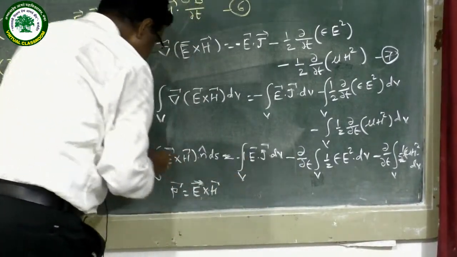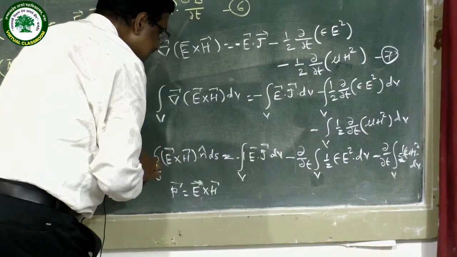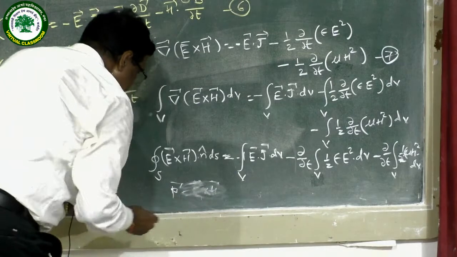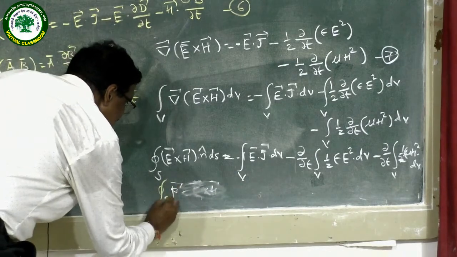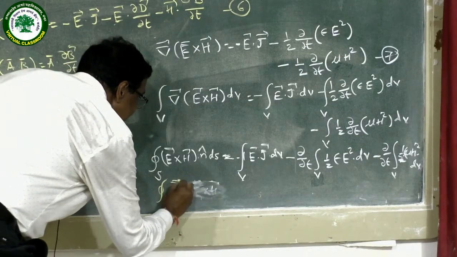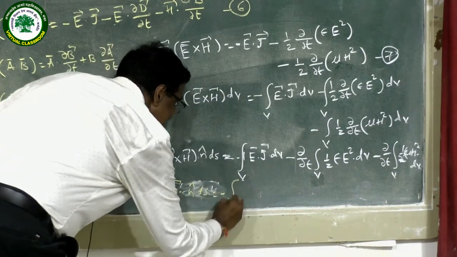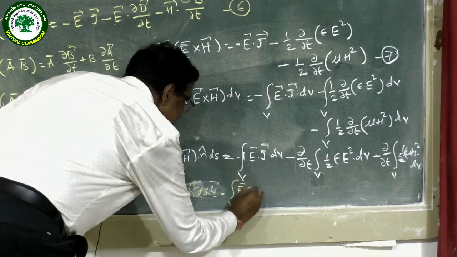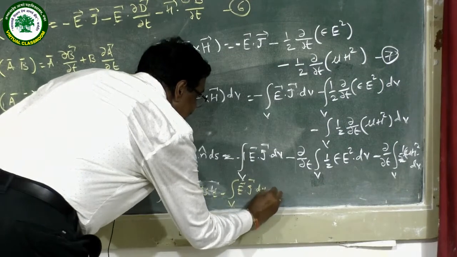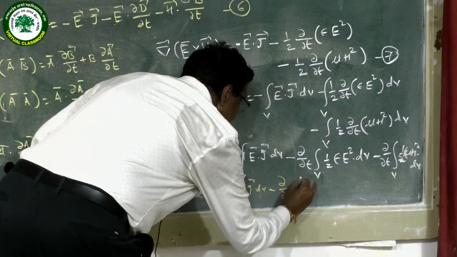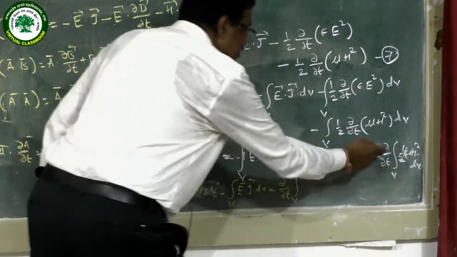If we rewrite that equation, on the RHS side we have this Poynting vector P. So the equation should be written as integral over S of vector P dot n ds is equal to minus integral over V of E dot J into dV, minus, since the time derivative is common, the time derivative of the integral over V of the sum of two terms.